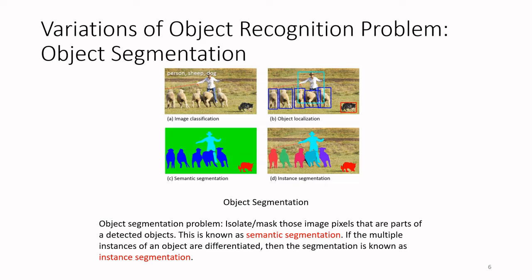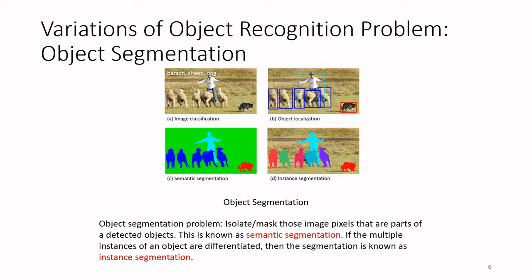If you look at the left-hand image at the bottom, which is captioned semantic segmentation, what we have done in this image is gone beyond bounding boxes. We have isolated all those pixels in the picture which are part of the person, and we are showing those pixels in a different color.